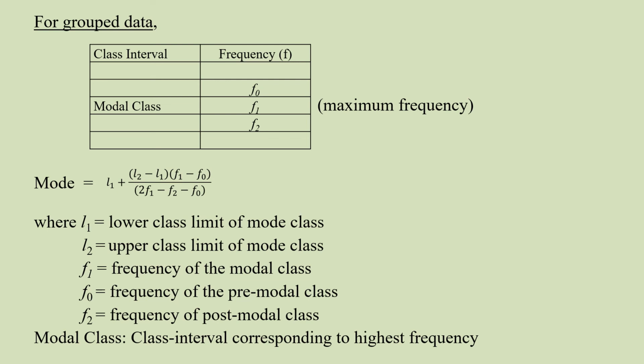If the frequency corresponding to modal class is considered as F1, the frequency of the pre-modal class will be denoted by F0, and frequency of the post-modal class will be denoted by F2. In that case, mode is given as L1 plus L2 minus L1 into F1 minus F0 whole upon 2 F1 minus F2 minus F0.